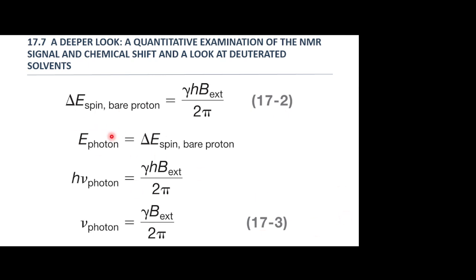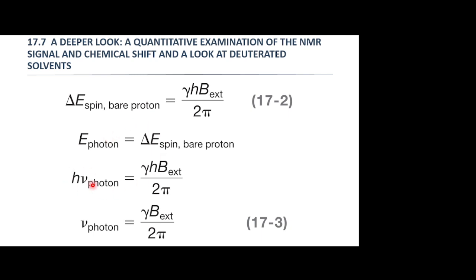So the energy of your photon is going to equal the delta E of your spin for a bare proton. And that's literally just telling you that the energy of the photon that comes in has to equal that energy difference to flip them, right? And then it flips back and re-emits that. Okay, this right here is just the substitution of this. You remember your E photon from the last chapters in general chemistry as well, and probably a few other classes.